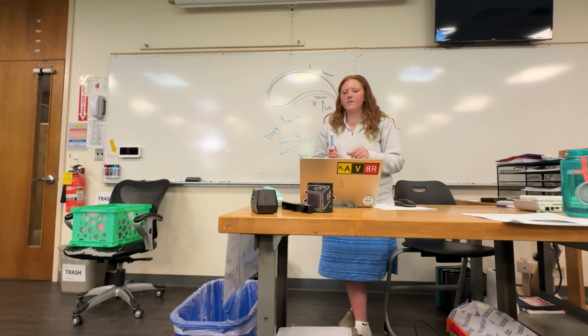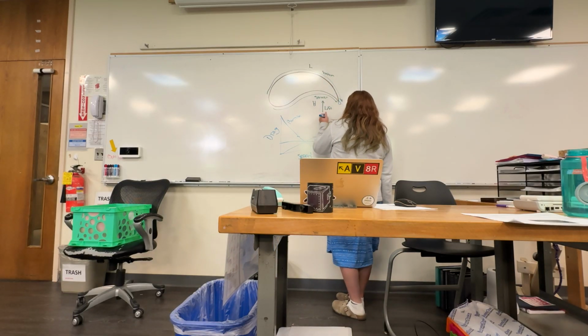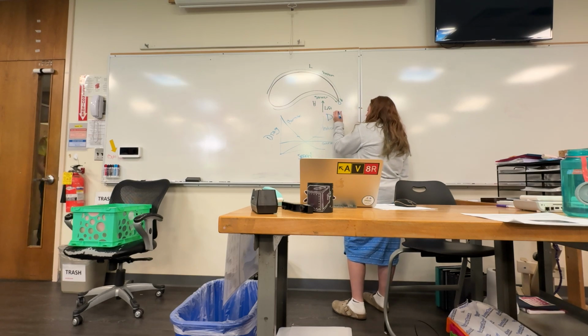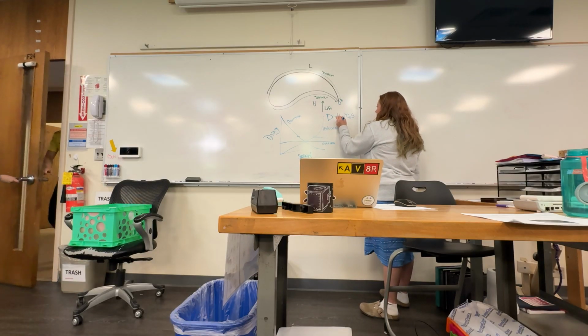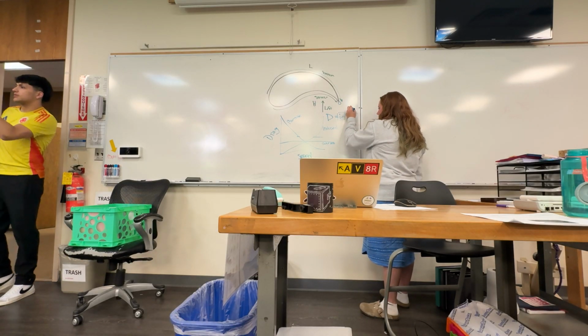The drag equation is very similar to the lift equation, where drag equals 1/2 density of air times velocity squared, times the coefficient of drag times the surface area, where this and this are all the same.